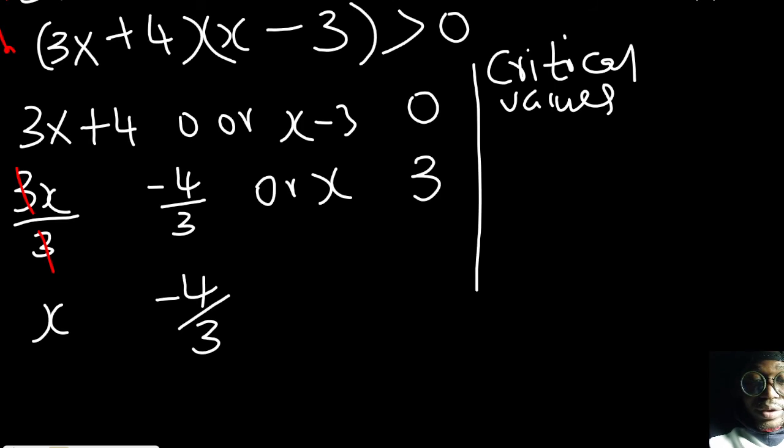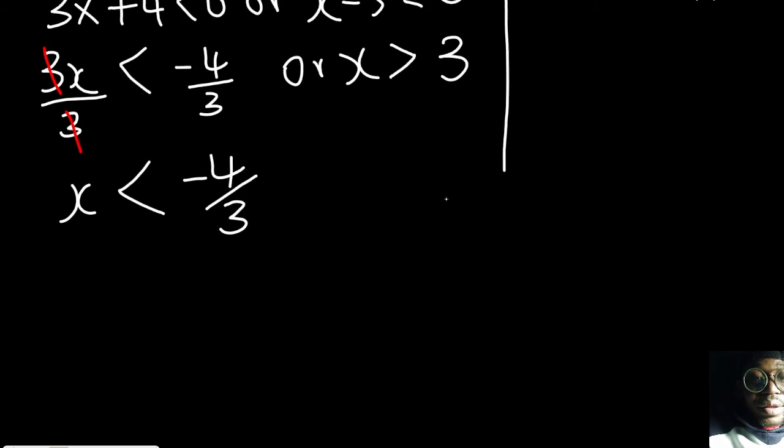We're going to put greater for 3, and the opposite for negative 4/3. All right, so how do we put these answers in interval form? Because it's very important to know how to put this.